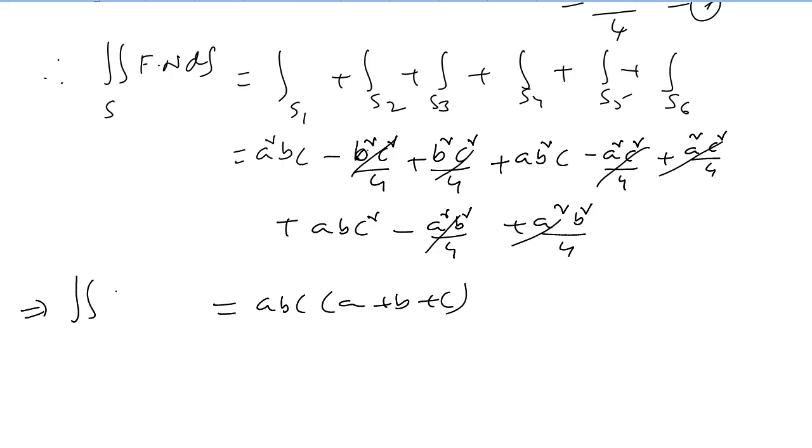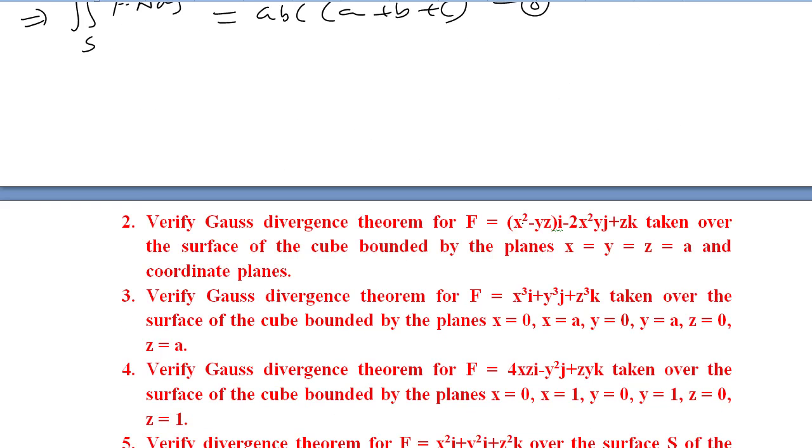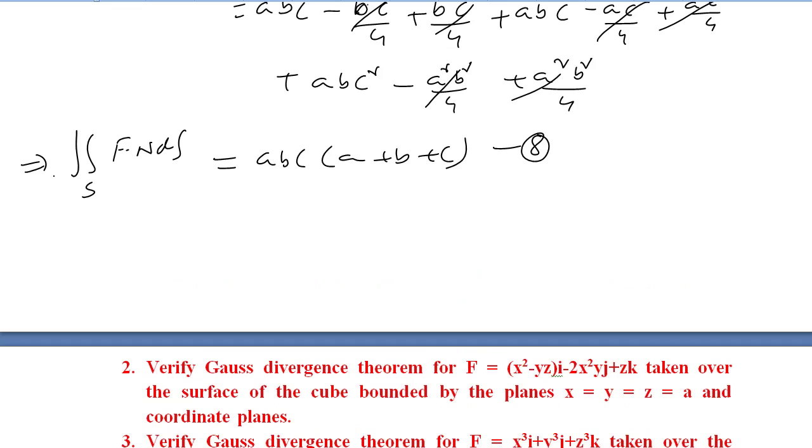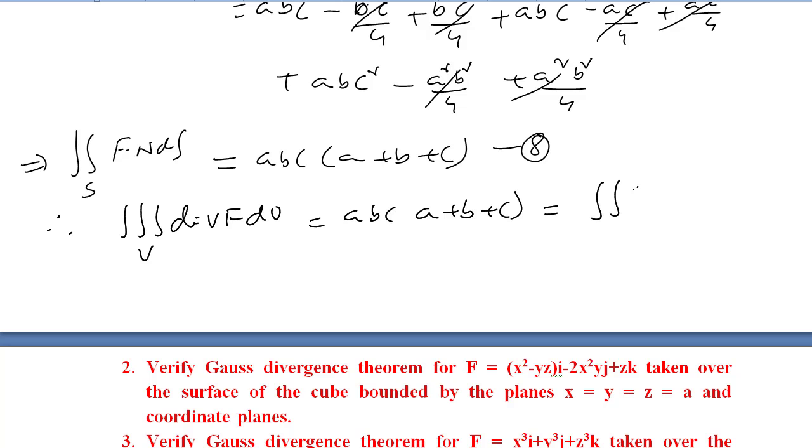So double integral of f dot n ds is abc into a plus b plus c. Then what is the observation? Triple integral of divergence of f dv value is also abc into a plus b plus c. This is the same as double integral of f dot n ds.